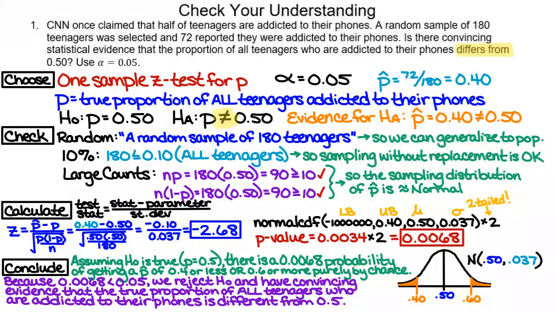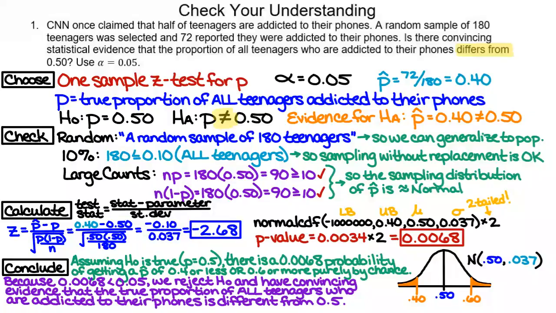So could you say, based on the conclusion alone, that I think the proportion of teenagers is less than half, or I think the proportion of teenagers is actually more than half that are addicted to their phones? Could you make a decision just based on that conclusion? Not if you don't know p hat. Just based on what's written in the conclusion there, I wouldn't be able to tell without knowing p hat.